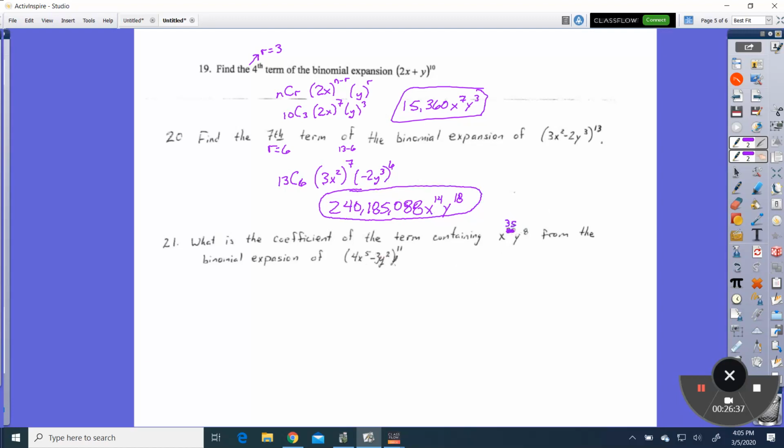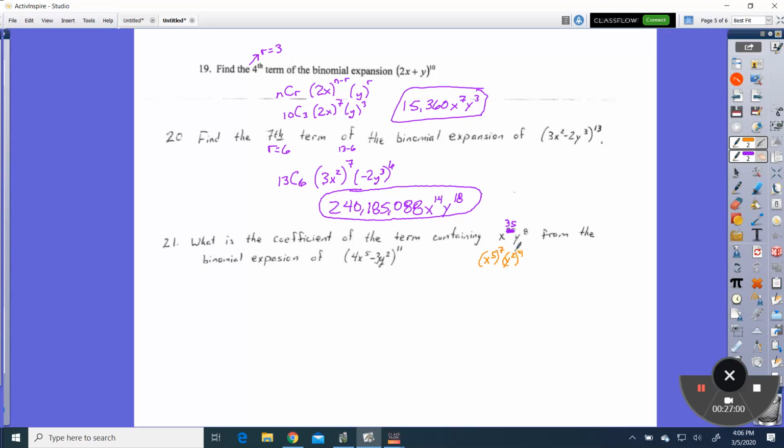So I'm looking at here. It says, what is the coefficient of the term containing this? So I've got to do a little bit of work to figure out what term I'm after. But see how this is a y squared and that's x to the 5th? What did I do to squared to make it become an 8? Well, that has to be a 4. What did I do to 5 to make it become 35? Well, that has to be 7.